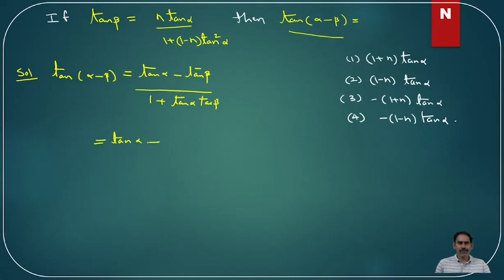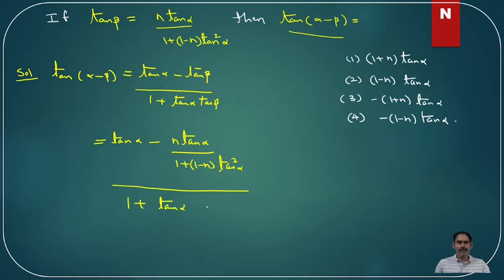Tan alpha minus n tan alpha by 1 plus 1 minus n into tan square alpha, divided by 1 plus tan alpha into tan beta, meaning n tan alpha by 1 plus 1 minus n into tan square alpha.